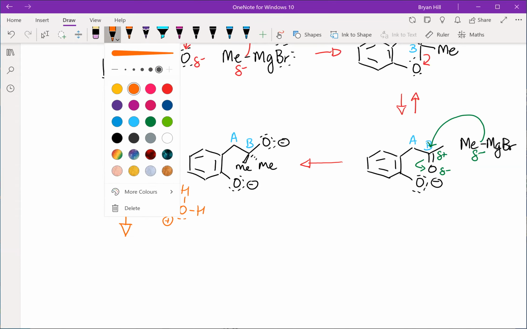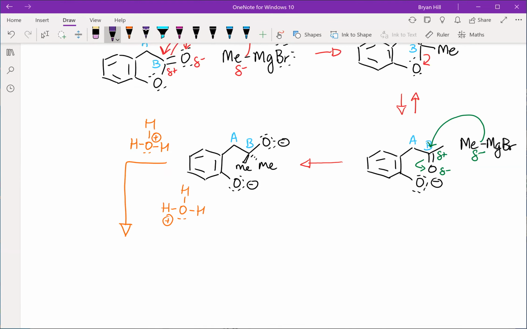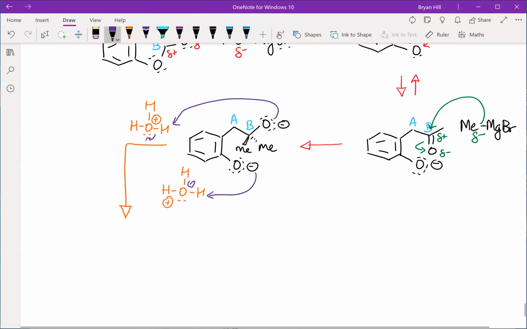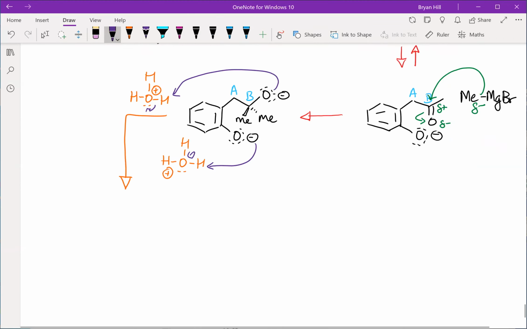And once acid's thrown in there, the negative charge is going to grab the protons. And that will give us our final product.